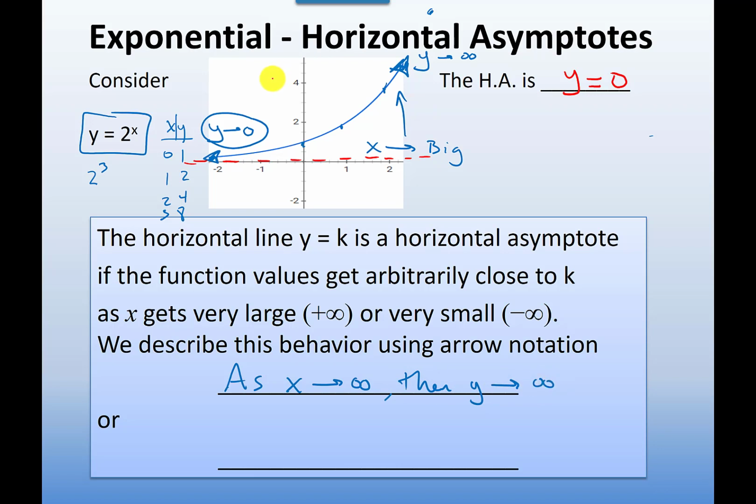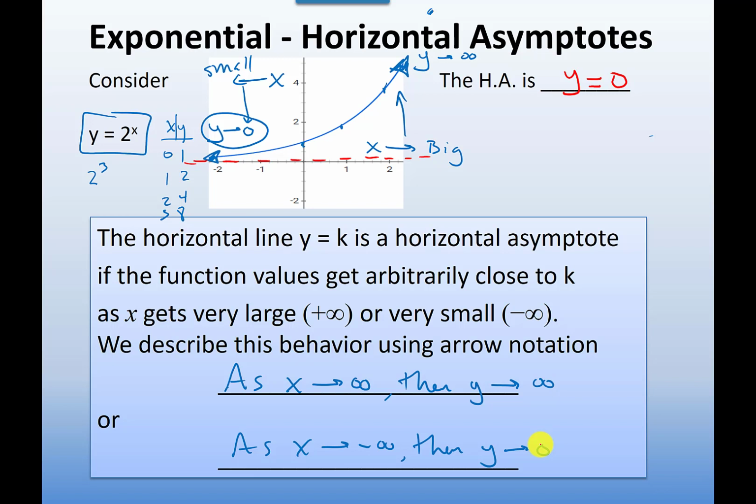But on the other one, as x's are going small, so as x goes to negative infinity, then y's are going down to 0. So now we've described the tails or the end behavior of this exponential function.